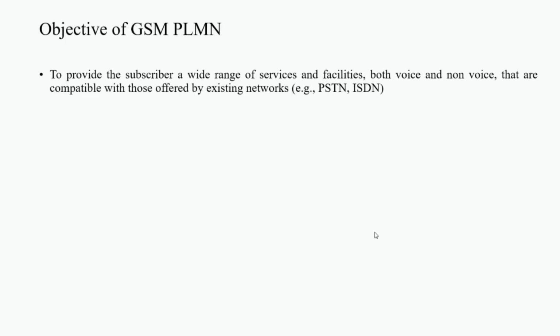Thus, the general objectives of a GSM PLMN network with respect to services to a subscriber are to provide subscribers a wide range of services and facilities, both voice and non-voice, that are compatible with those offered by the existing network, for example PSTN and ISDN.